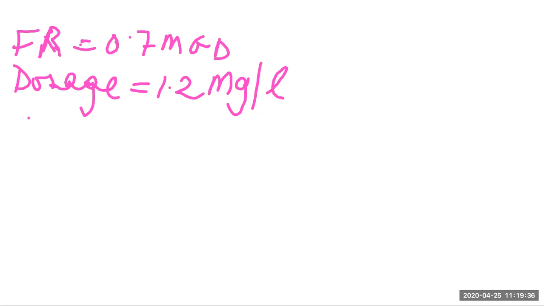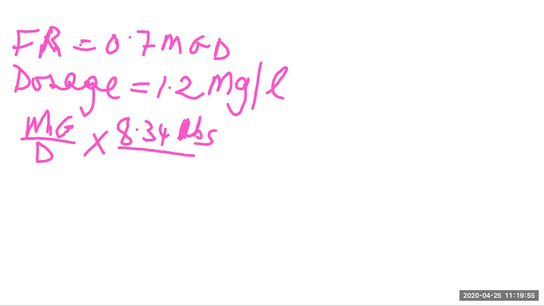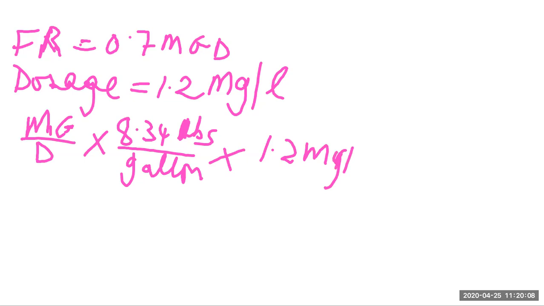So as I said to you, million gallons per day, by 8.34 pounds per gallon, by your dosage, which is 1.2 milligrams per liter, will give you the amount of pounds in a day.